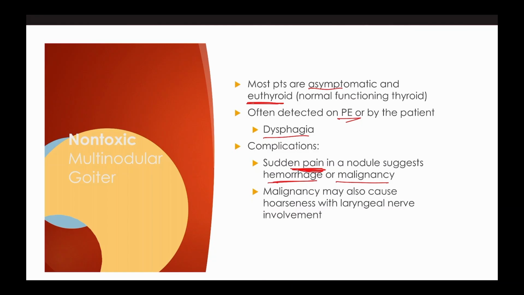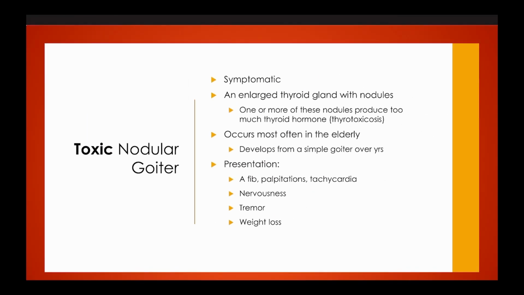If it becomes painful, that means that one of those nodules either hemorrhaged or became malignant. Malignancy may also cause hoarseness because of that laryngeal nerve involvement. What other thing do we learn about that also can impact that laryngeal nerve? Very good. Excellent.